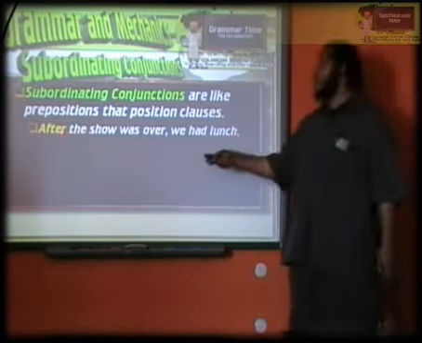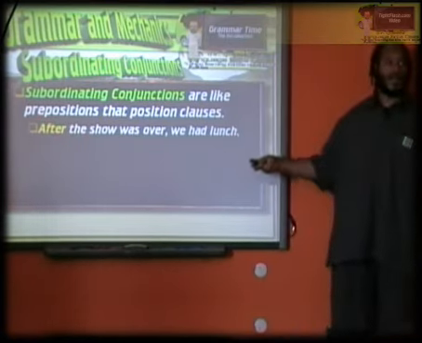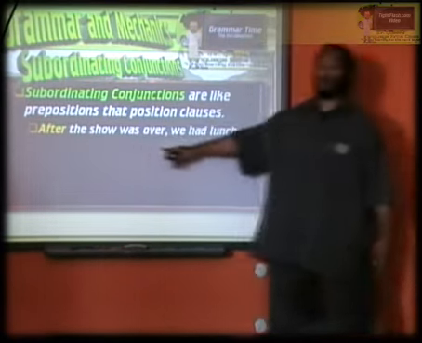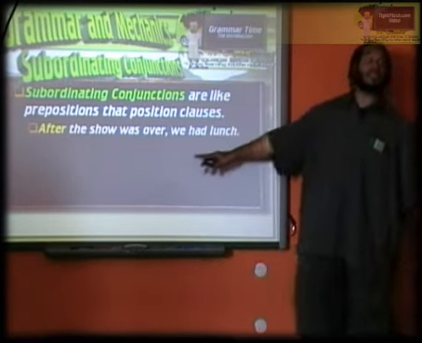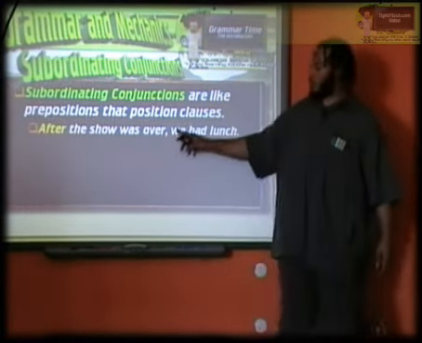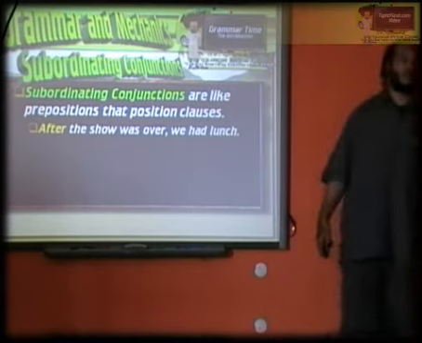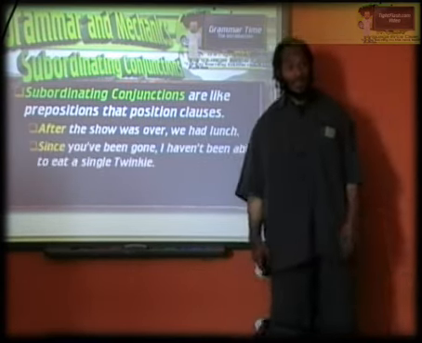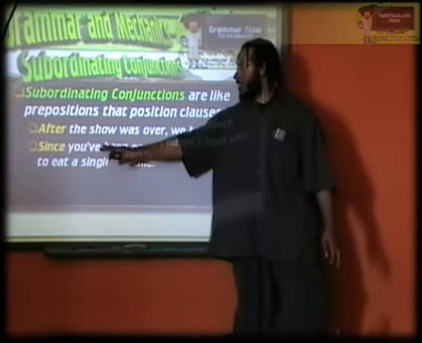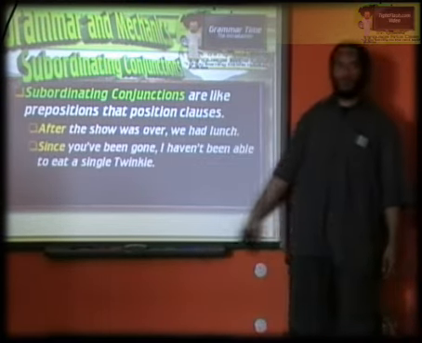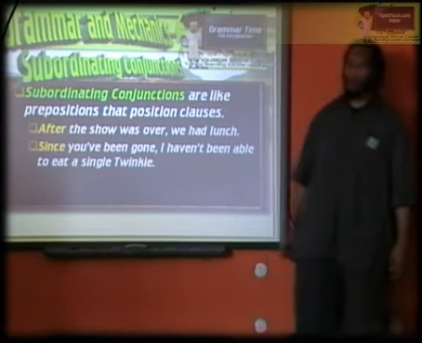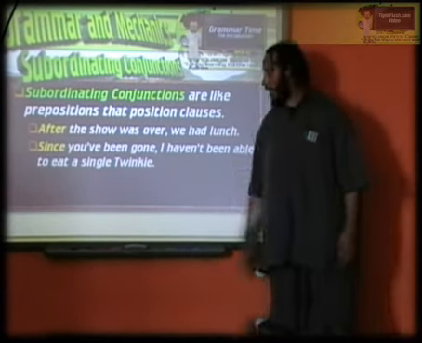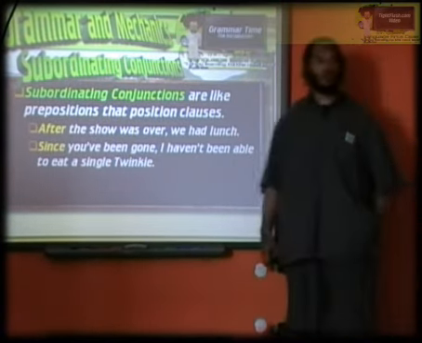The subordinating conjunction here is after. It starts off the dependent clause. Since the dependent clause comes first, we add a comma. We're going to talk about that in more detail. This is an introduction. Since you've been gone, since being the subordinating conjunction, comma, I haven't been able to eat a single Twinkie.